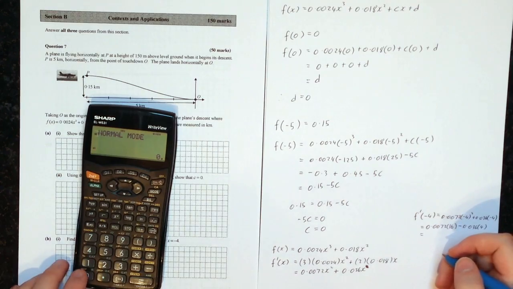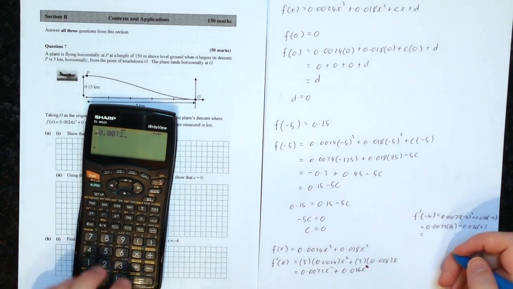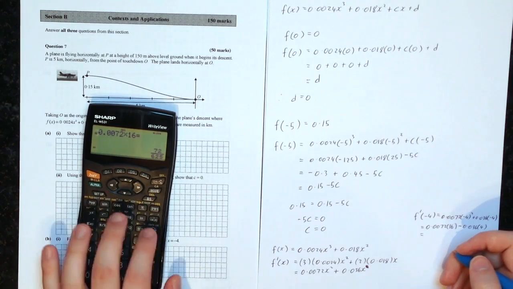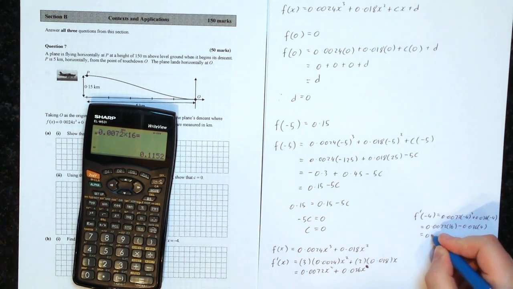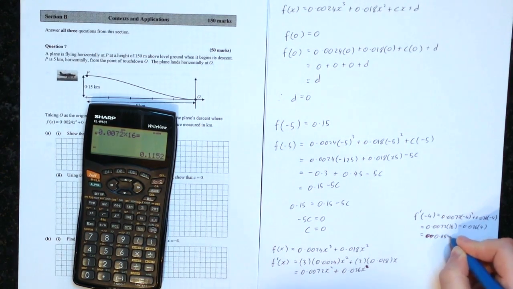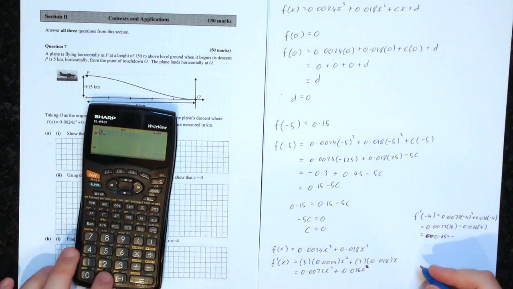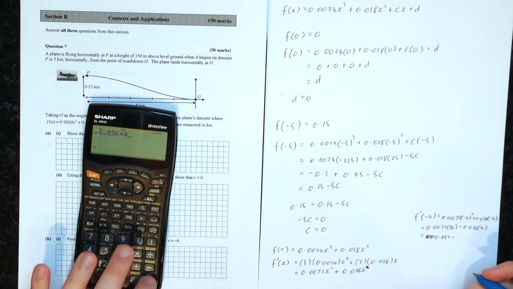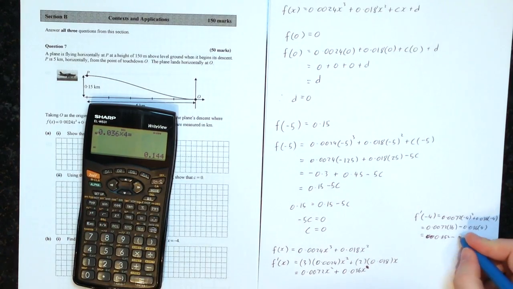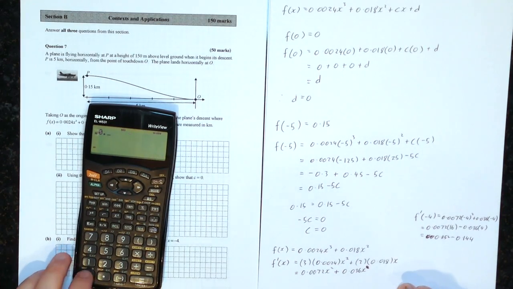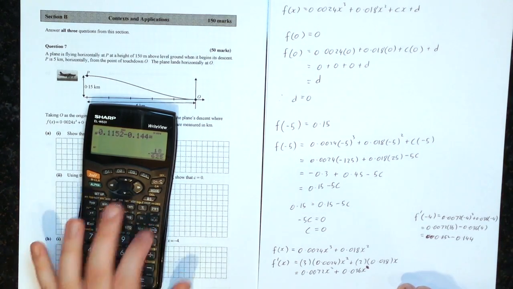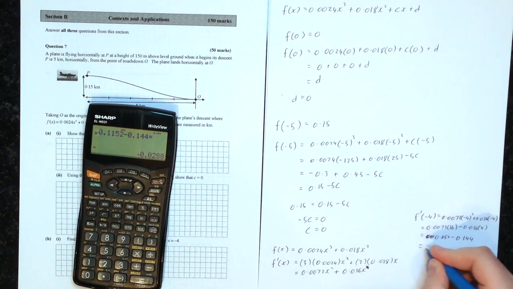So that will be equal to 0.0072 multiplied by 16, which is 0.1152, minus 0.036 times 4, which is 0.144. So we have 0.1152 minus 0.144, which is equal to minus 0.0288.